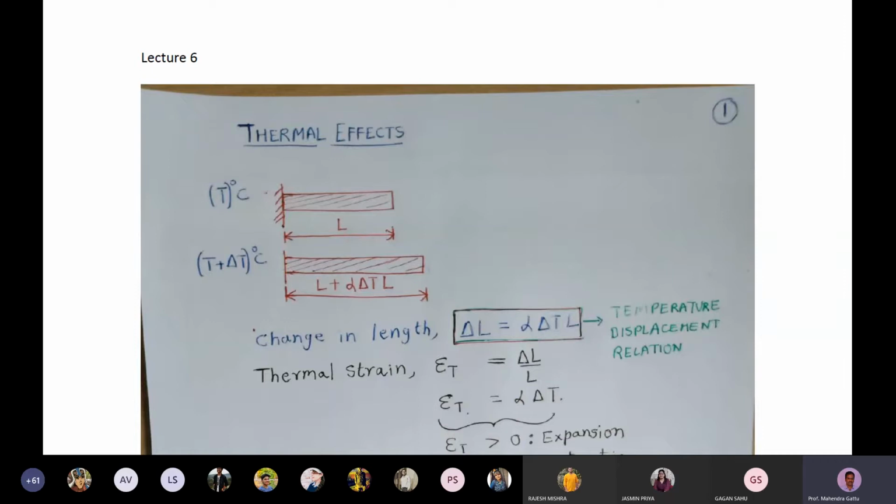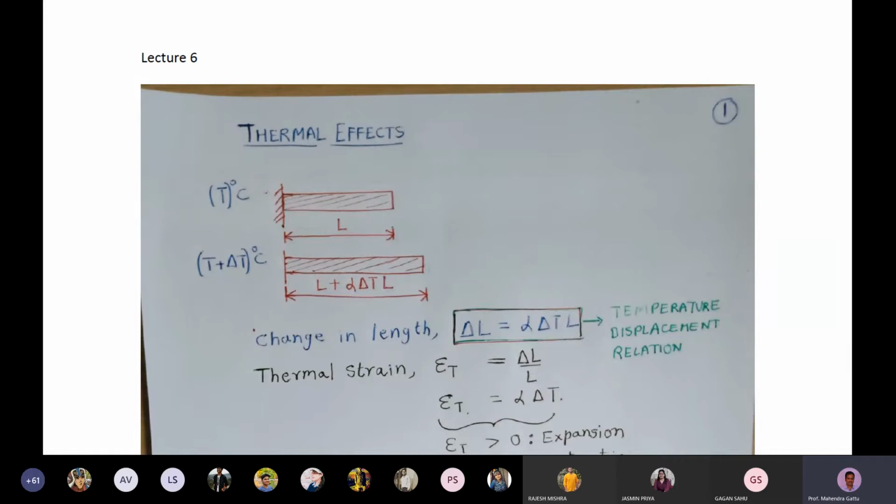However, if the body is not allowed to expand, then there will be some internal stresses produced. So this affects the mechanical behavior. The designers of the aircraft components need to consider these changes in temperature, so we need to understand the basics of temperature changes and how they affect material behavior.